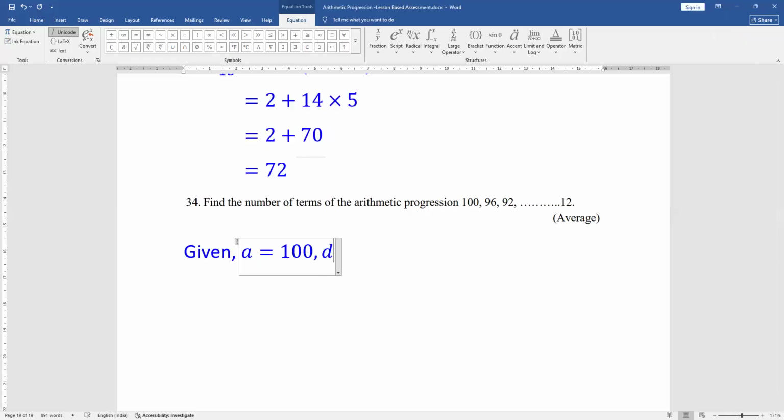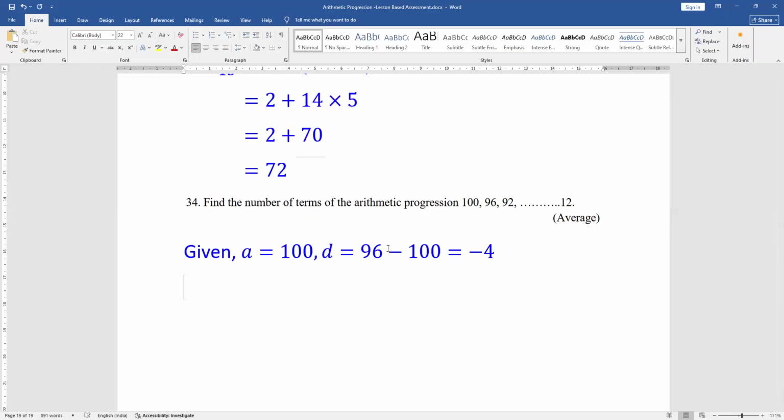That is, the common difference is nothing but second term, which is 96, minus first term, which is 100. So I write 96 minus 100, equals how much? Minus 4. Then one more thing you need to see here: they have given the last term, that is 12, right? So that is an.